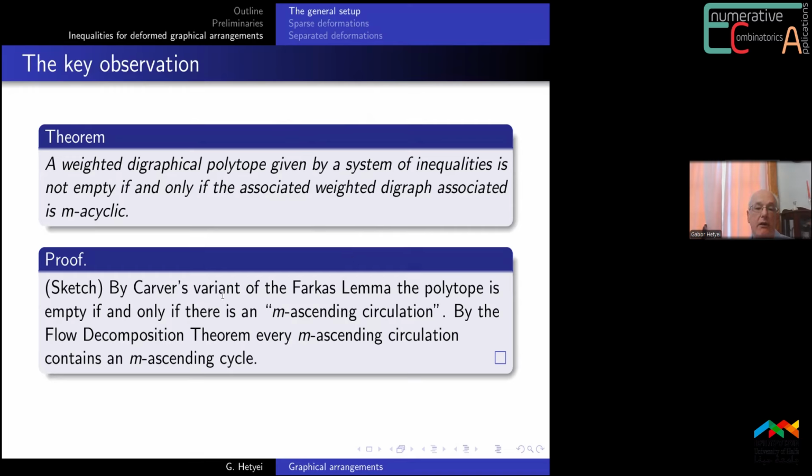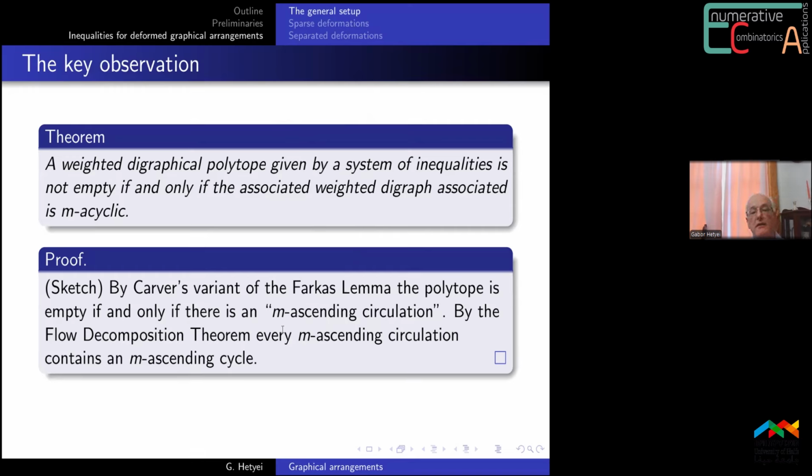The sketch is the following: direct translation of Carver's variant of the Farkas lemma gives you that there is an empty region if and only if we have an M-ascending circulation. And then by the flow decomposition theorem, we can show that at least one of the cycles contributing to a non-negative combination of such a circulation is M-ascending.